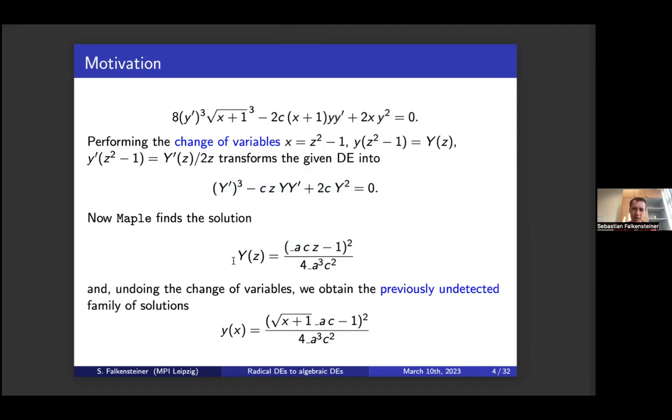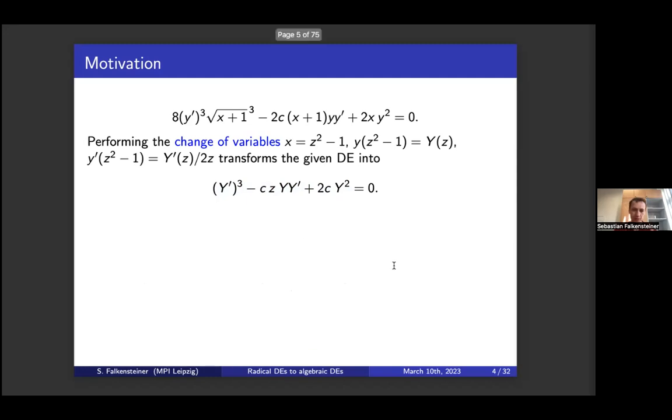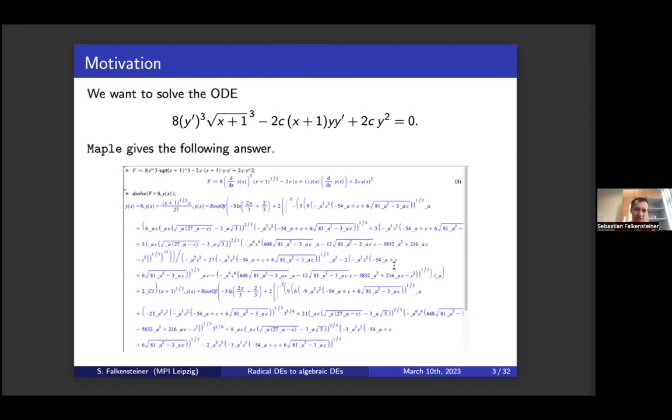Now we have a solution, capital Y of z, so we have to transform it back. But this is a very easy transformation. We just replace the z by the square root of x plus 1, and we get this solution here. And this was not detected in the solutions found by Maple previously.